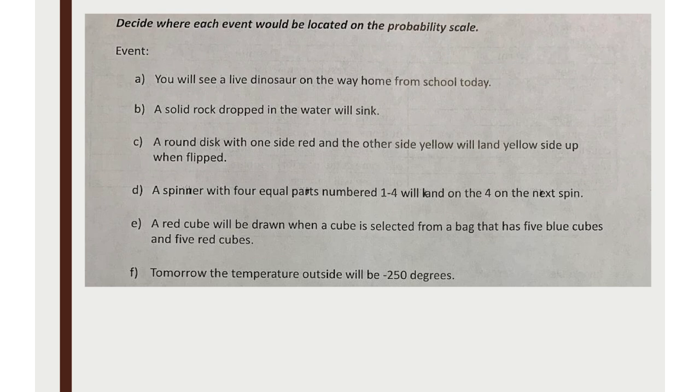Let's look at E. A red cube will be drawn when a cube is selected from a bag that has 5 blue cubes and 5 red cubes. What's the chance there? The size of the cubes doesn't matter. It's equally distributed. You got 5 red, 5 blue.